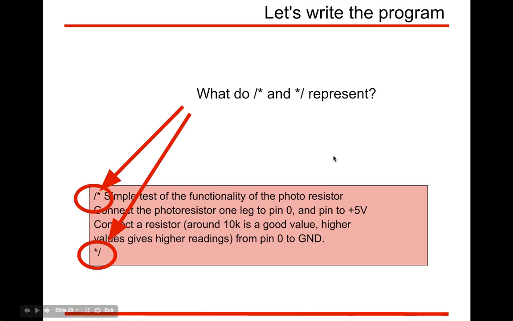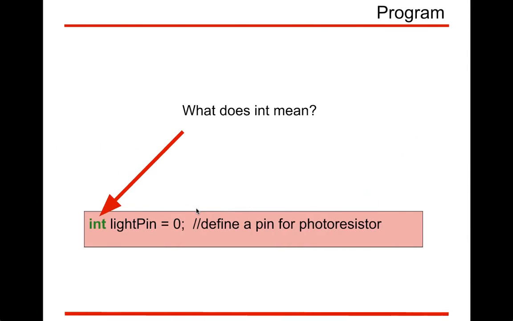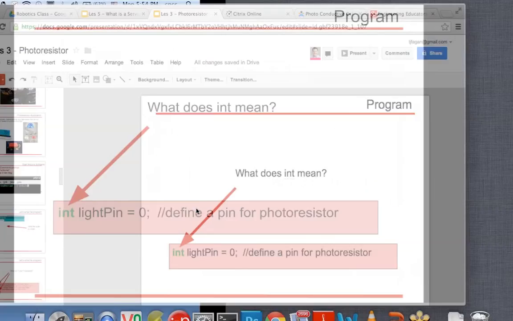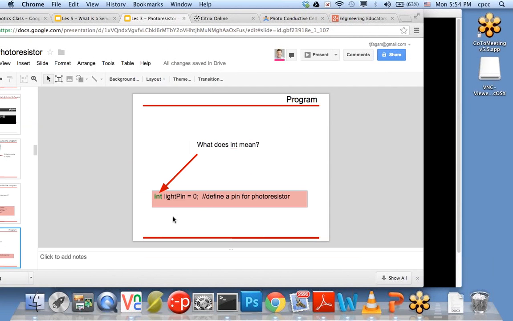You can put something as complex as this. You can say photoresistor project or photoresistor program, something like that. You can go in a little more depth if you want, but we're just learning it, and you can always change it later on.